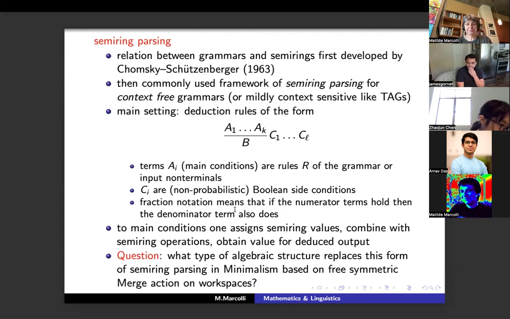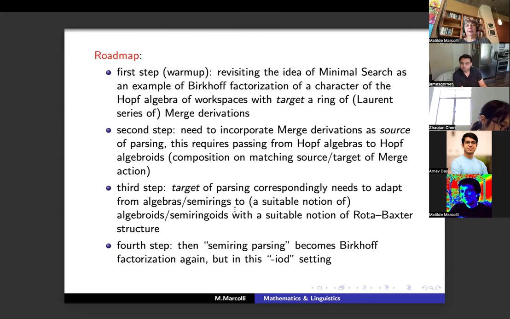Okay, so I'm going to give various perspectives here. I'm going to go through a few different things that are related to this question. The first thing is a kind of warm-up case. I'm going to go back to the discussion I did a while back on minimal search and minimal yield. These were conditions selecting certain merge derivations as being better than others on the grounds of how they transform the workspace.